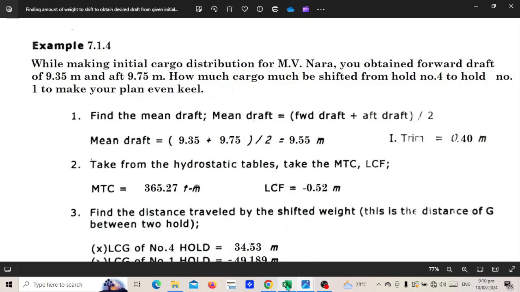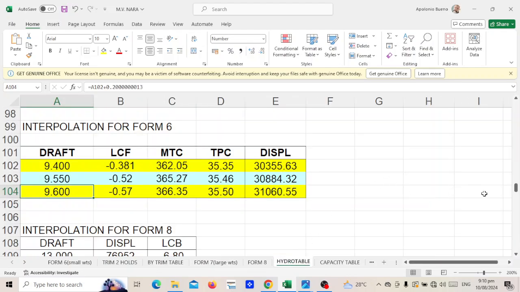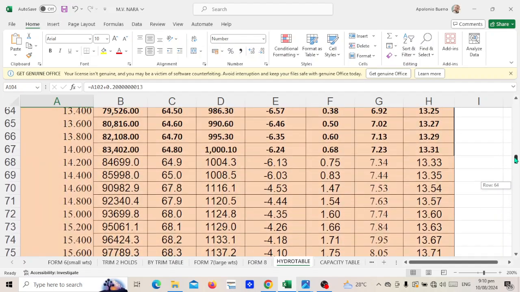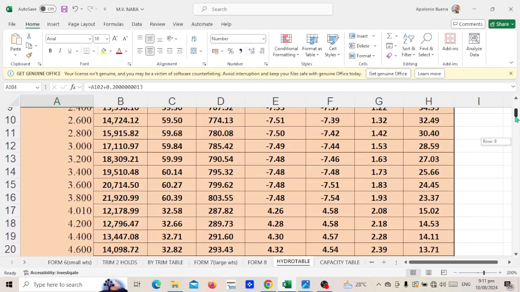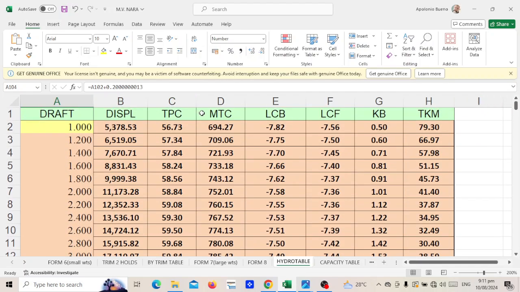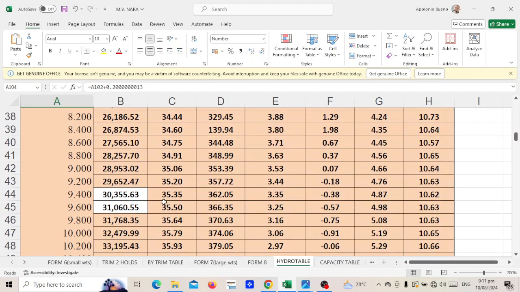We go to our program, then to the hydrostatic table. 9.55 is somewhere around here. That will be your MTC. MTC is letter D, and LCF is F. So 9.55 is in between 40 and 60.